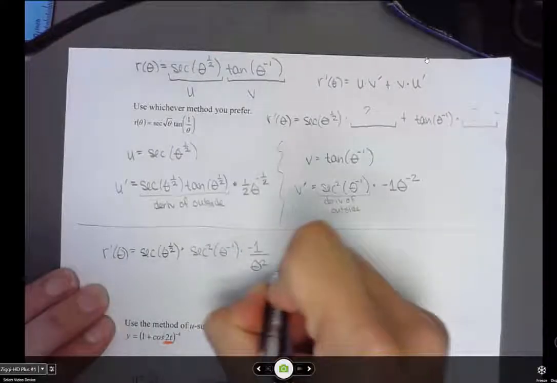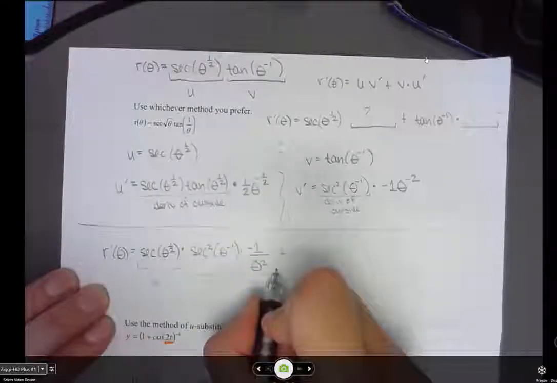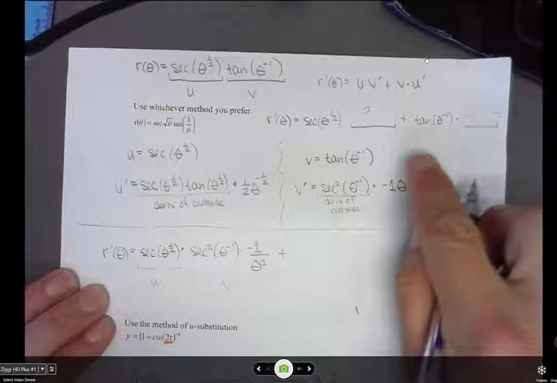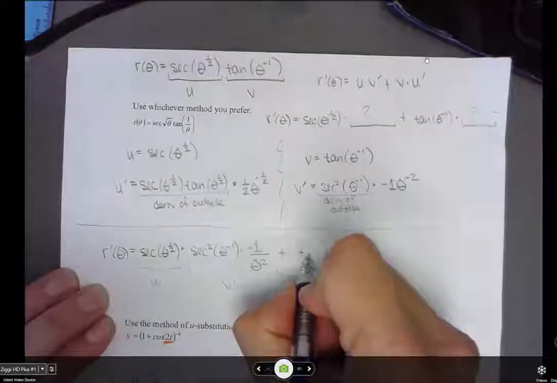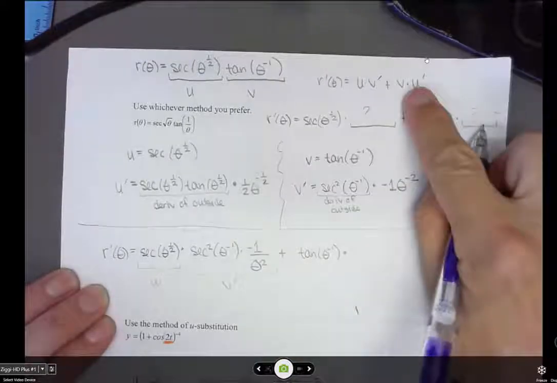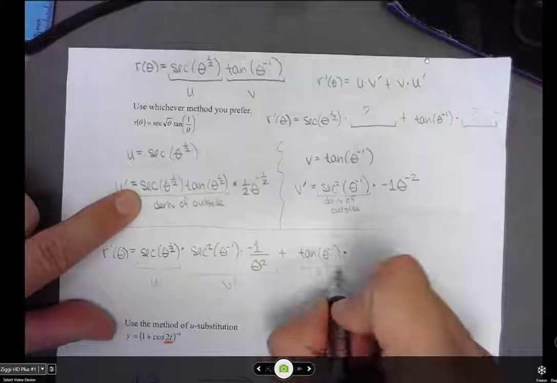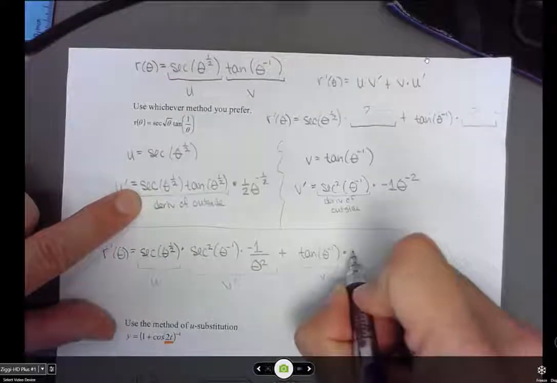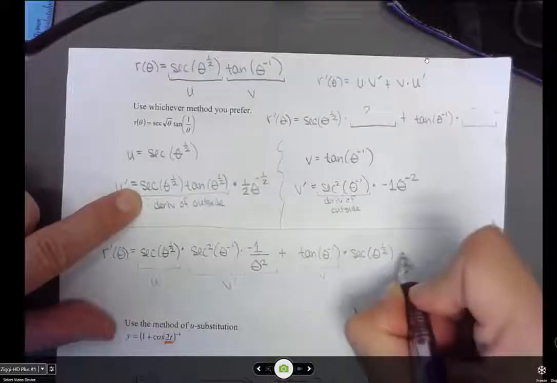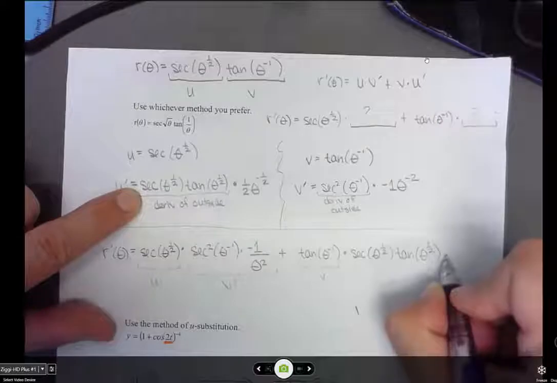So this was u, this is v prime, plus v is tan theta to the -1 times u prime, which is this: secant theta to the 1/2 tan theta to the 1/2 times 1/2 theta to the -1.